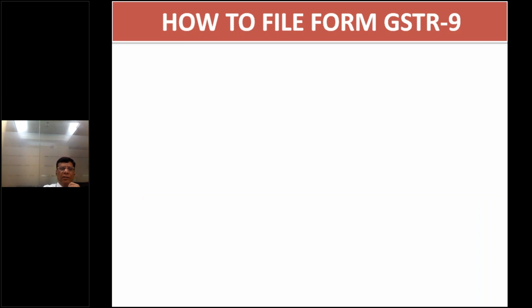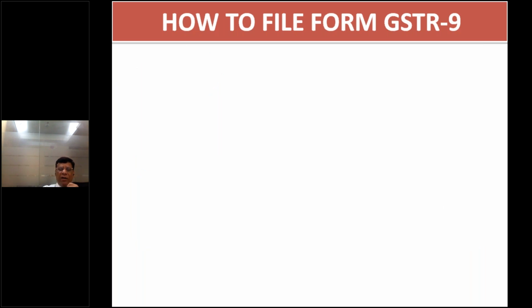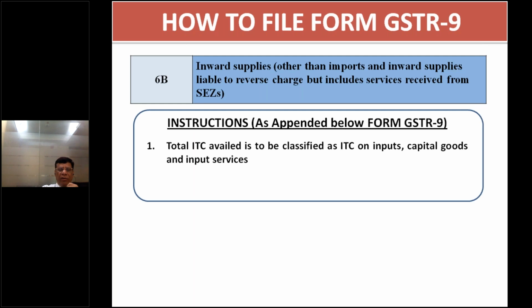You see, here in 6A, we are first mentioning the total ITC claimed by us. Now we are starting to give the bifurcation of the total ITC. The first bifurcation is ITC on inward supplies, all domestic inward supplies, you can say. And the ITC on all domestic inward supplies are to be bifurcated in three categories.